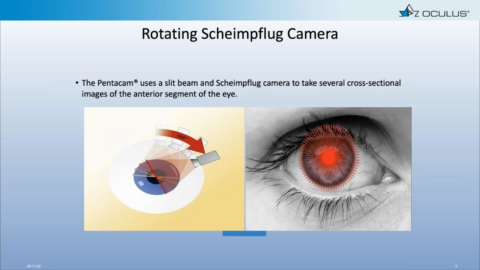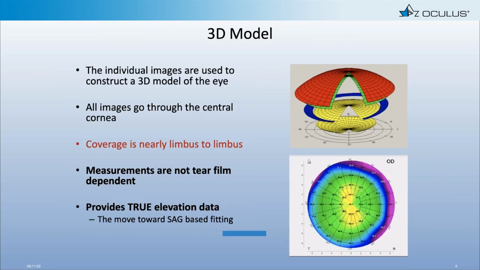That's really helpful in getting us information about the entire cornea, not just an 8 or 10 millimeter section of the central cornea, but a lot more information. And that's one of the benefits of the Pentacam that I think you'll find is helpful in managing contact lens patients.